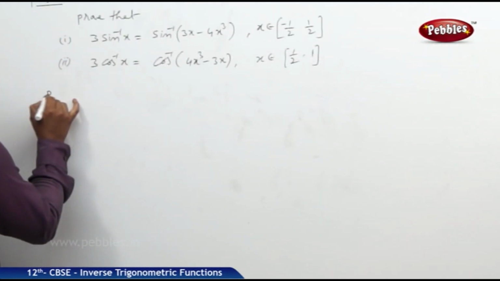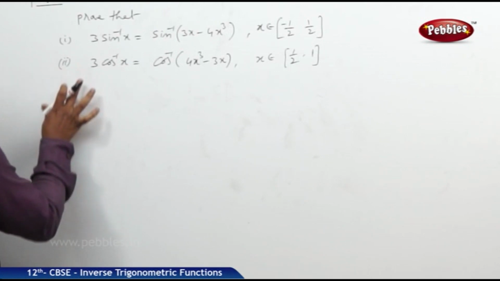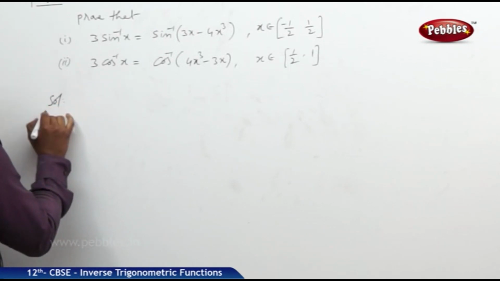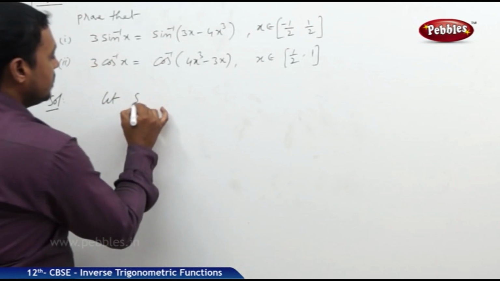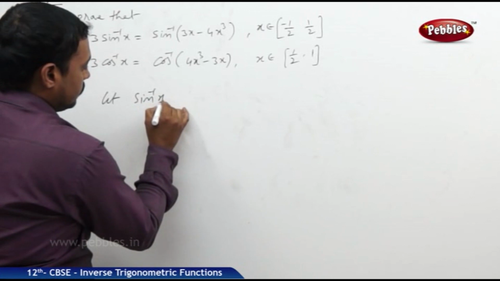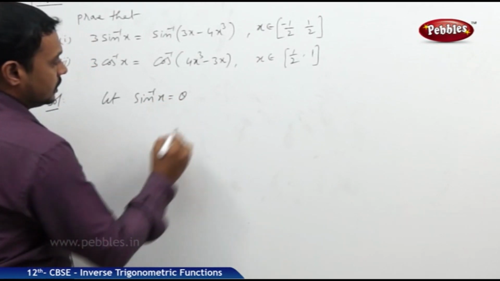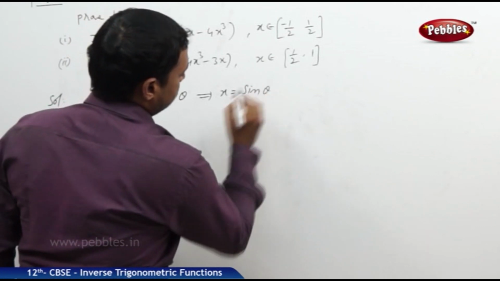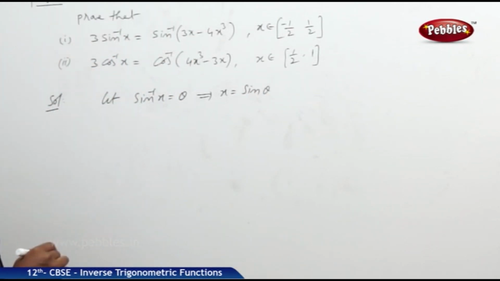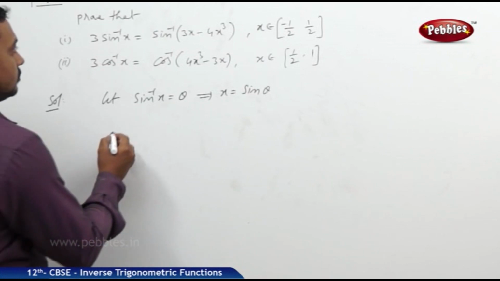Now, first bit. Let sin inverse x is equal to some theta. This implies that x is equal to sin theta.